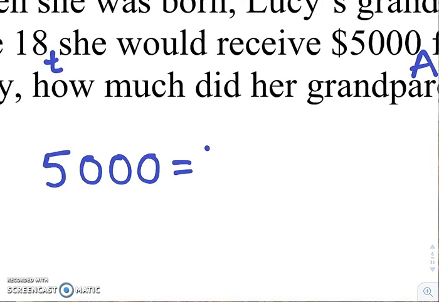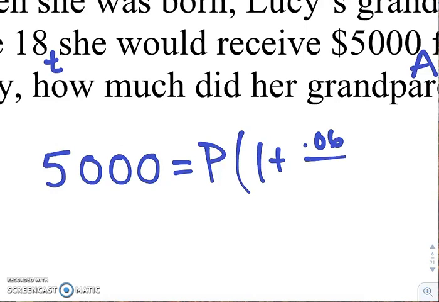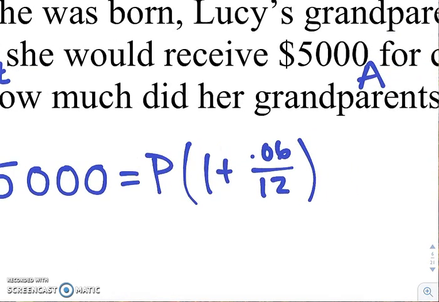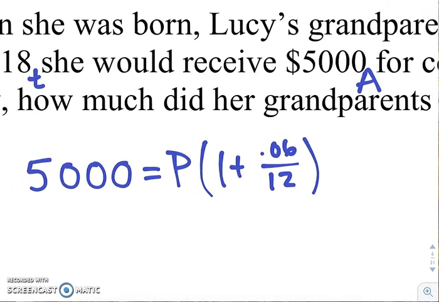We need to find P, but everything else we have. So 1 plus still, and your rate is 0.06 over your N, which is 12 because it's monthly, to the power of 12 times your T, which is 18. So 12 times 18.